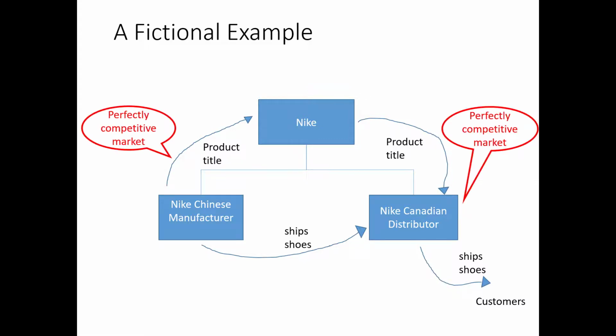transactions. We've already asserted that it's very likely the Chinese manufacturer is operating in a very competitive market, and probably this is happening for the Canadian distributor. And this is our fundamental issue: when we go in and start talking to a client about their transfer pricing, we're going to end up having to ask them, how does the company's supply chain work?